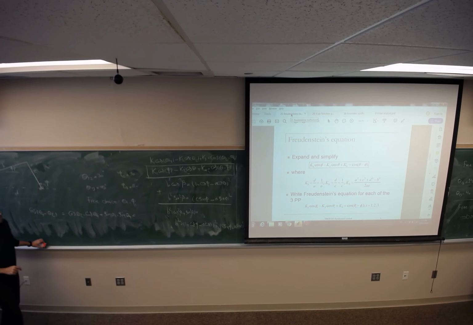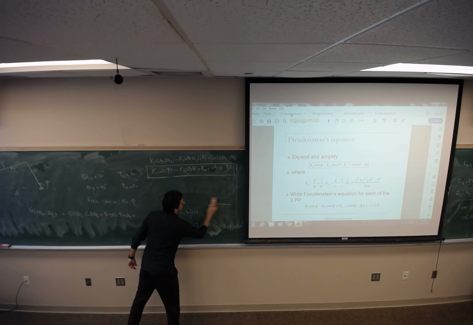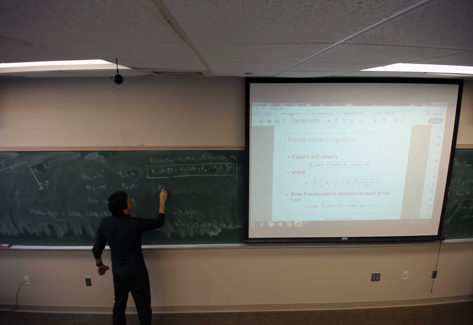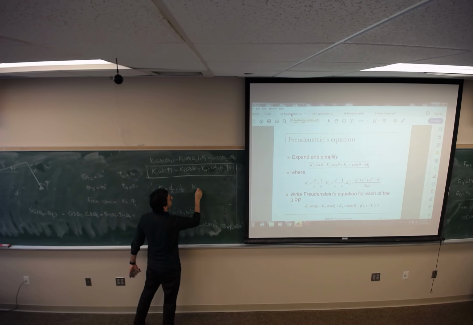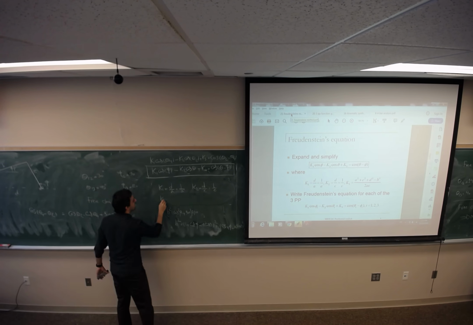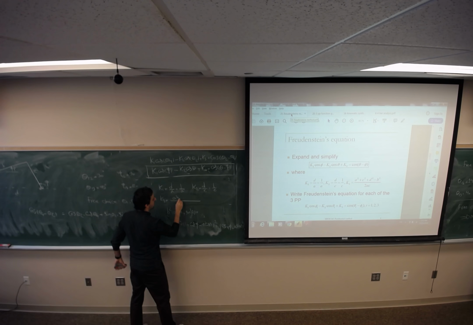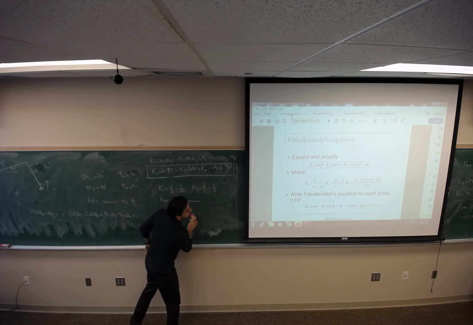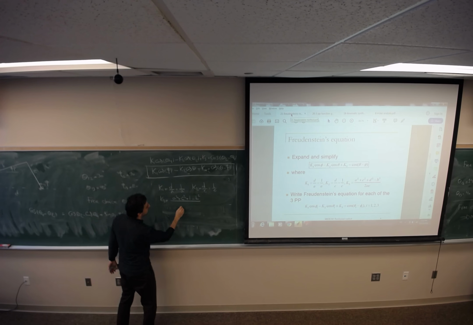And if you remember, K1 was D over A. Since D is 1, it's going to be 1 over A. K2 is D over C, which is 1 over C. And K3 was A squared plus C squared plus D squared, which is 1, minus B squared, divided by 2AC.